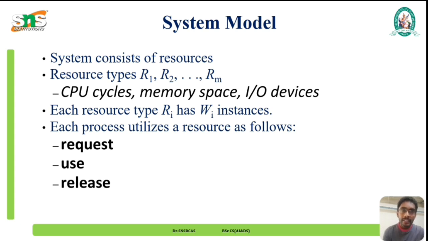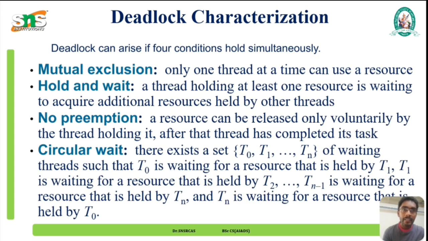And again, each process utilizes a resource as follows: the process requests the resource, uses the resource, and finally releases it. And deadlocks are characterized based on the following things.